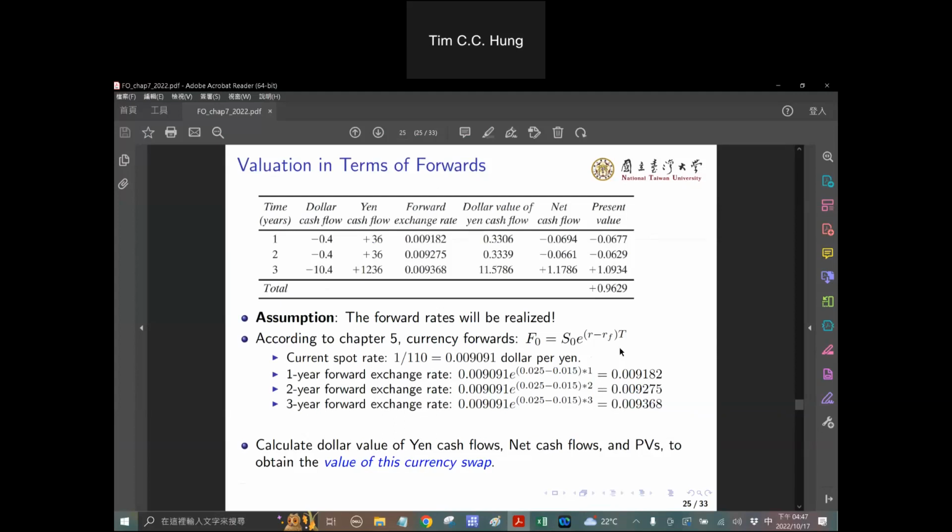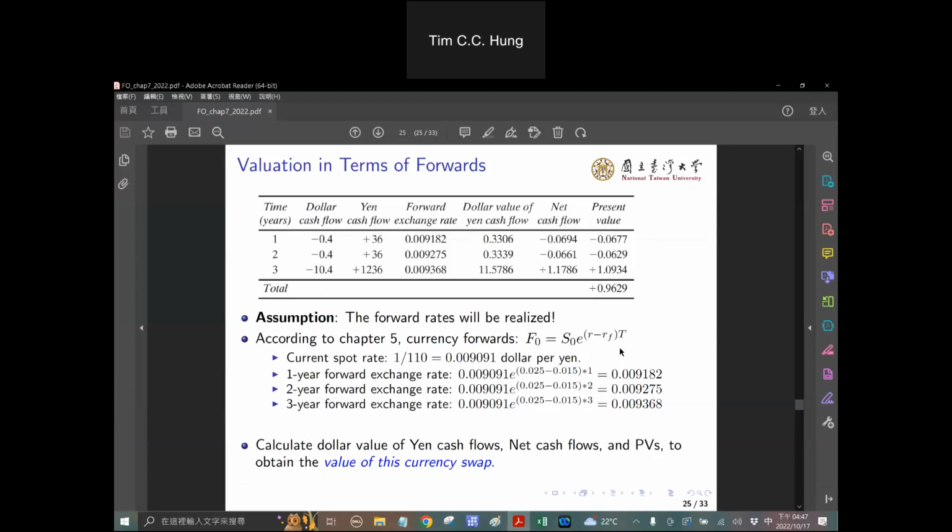So we can calculate the dollar value of yen cash flows in each of the years. The 36 million Japanese yen inflow in 1 year is equivalent to an inflow of $0.3306 million in terms of US dollars.